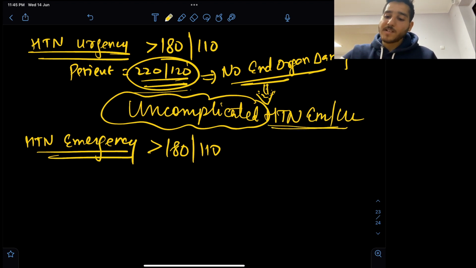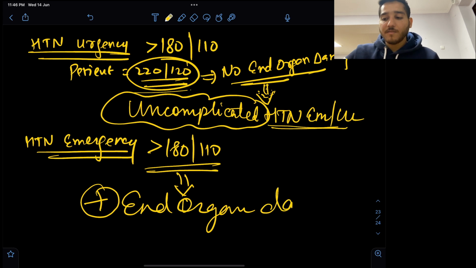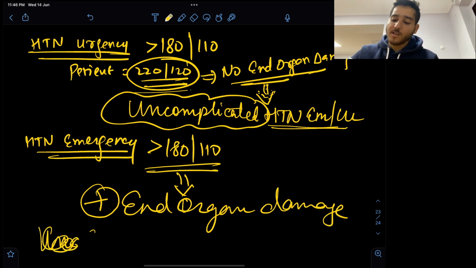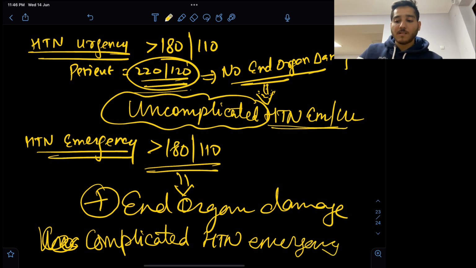If the patient has blood pressure more than 180/110 and there's present end organ damage, we call it complicated hypertensive emergency, right?